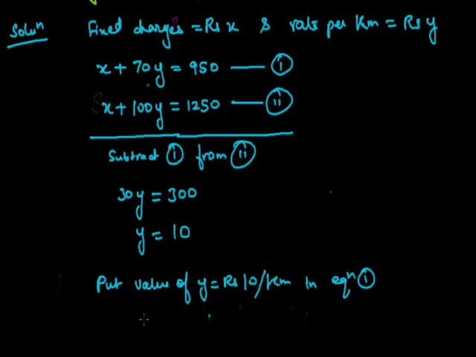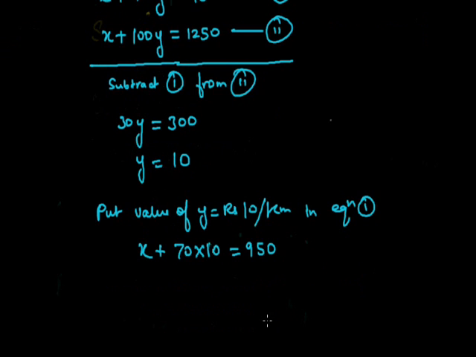So what we'll get is X plus 70 into 10 is equal to 950. So now if we solve it, X is equal to 950 minus 700. So this will be equal to rupees 250. So these are our fixed charges, that the value of X is rupees 250.